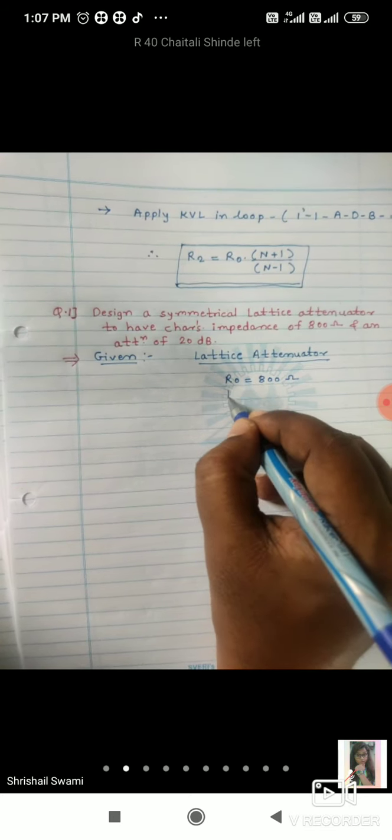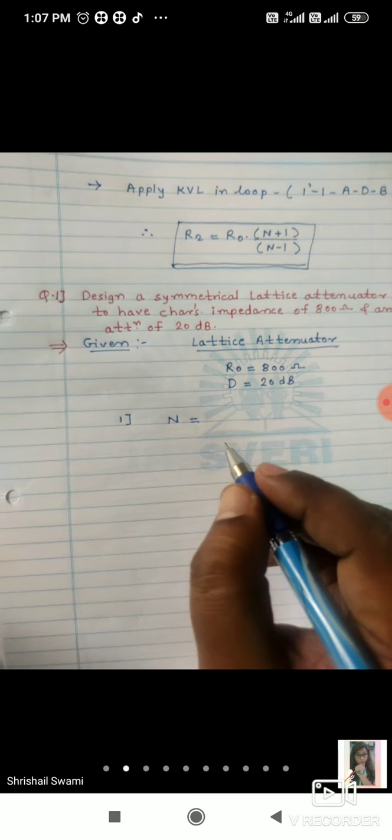R0 is given as 800 ohm and the attenuation is given in dB, that is D equal to 20 dB. What is our first aim? We are finding the capital N, that is the Napier value of attenuation. N is equal to the antilog base 10 of D by 20.